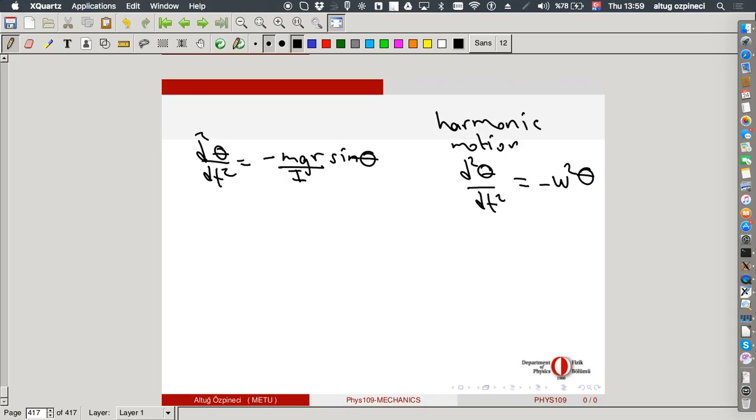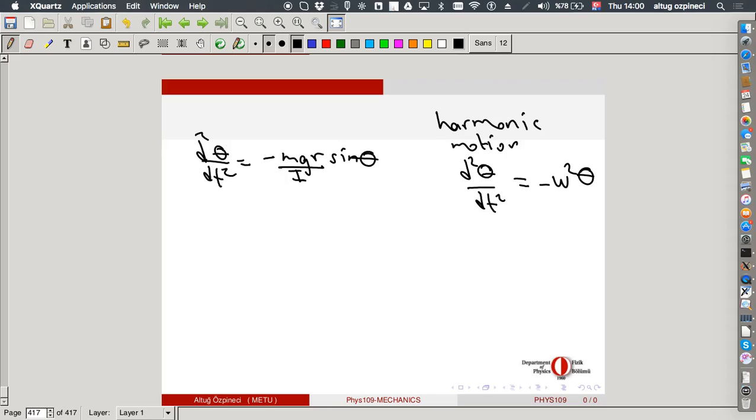And we have shown that it doesn't satisfy such an equation, so it's not harmonic. Nevertheless, it is periodic. Just observation tells you that it is oscillating back and forth. If there is no friction, it will continue indefinitely. It is periodic, but not harmonic. So that's also something to keep in mind. Whenever you see a periodic motion, it doesn't have to be harmonic. And this is an example of an anharmonic oscillation.